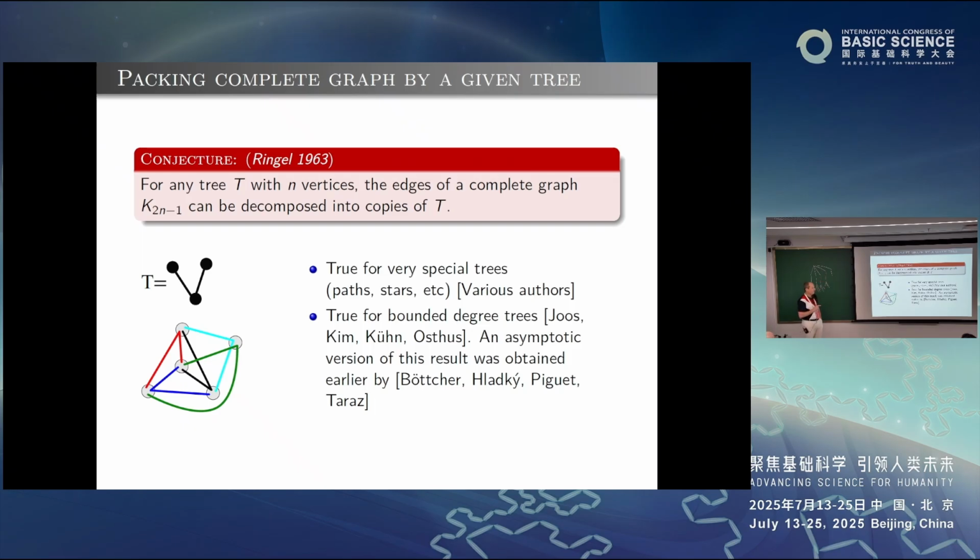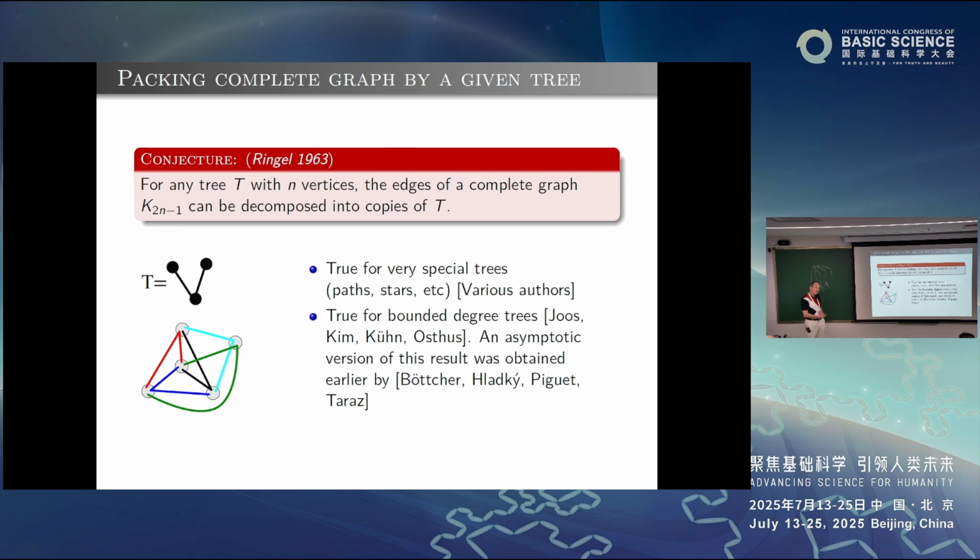Here we have a big success some number of years ago by Joos, Kim, Kühn, and Osthus, who proved this conjecture for all bounded degree trees. It seems that if the tree has bounded degree, it makes the problem a bit easier. So you give them an arbitrary bounded degree tree on n vertices, n minus 1 edges, and they can tile the complete graph using this tree.